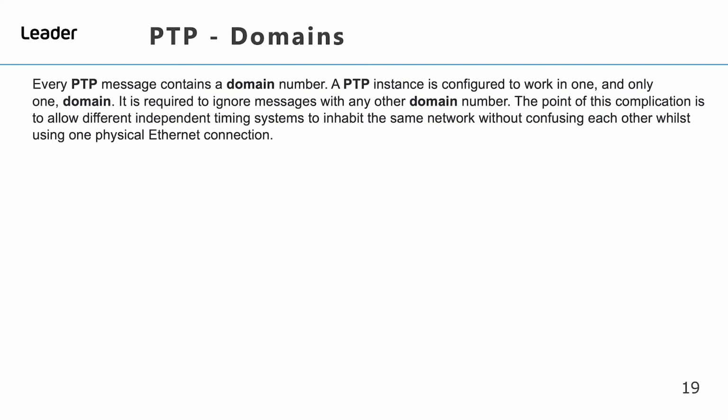So now let's take a look at PTP domains. Every PTP message contains a domain number. A PTP instance is configured to work in one and only one domain. It is required to ignore messages from any other domain number.